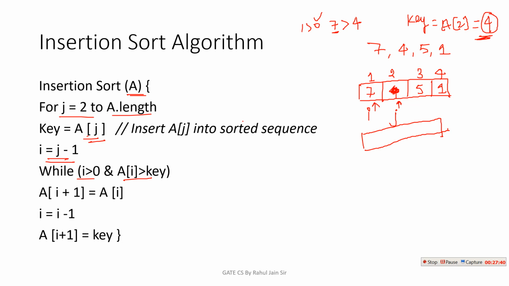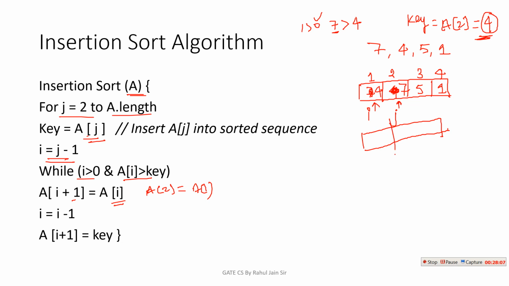If it is greater than key, then A of i plus 1 equals A of i, that is, A of 2 should be A of 1. So A of 2, that is 4, should be replaced with the index 1 element, and 7 should be here.